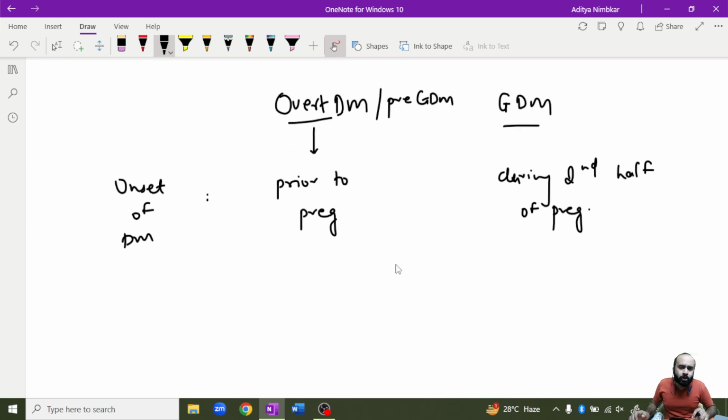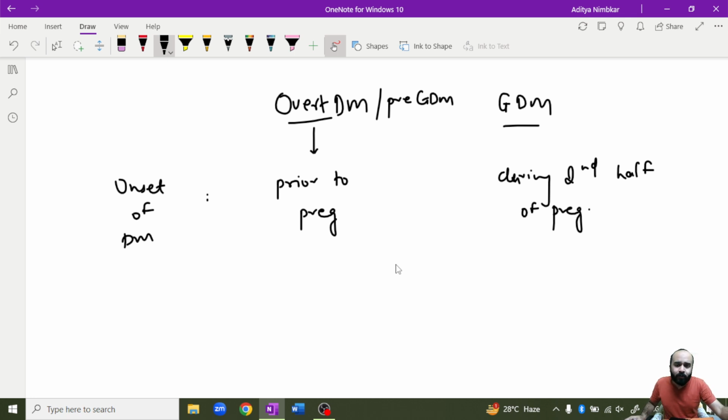What were those shortcomings? The basic shortcoming was that we never knew what is the cause or the reasoning behind these women getting overt diabetes mellitus. So was it type 1 or type 2? There was no classification of the same. Now what is type 1?